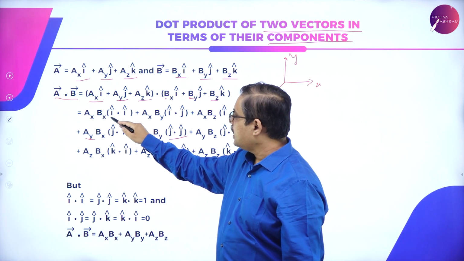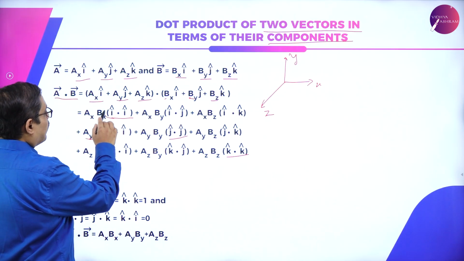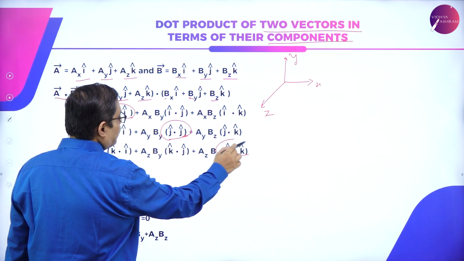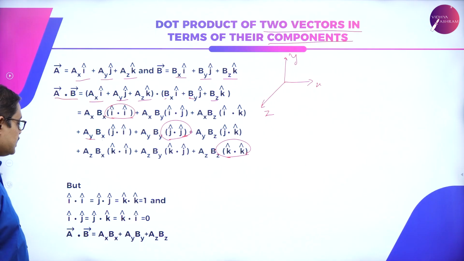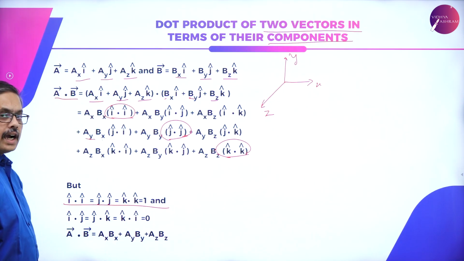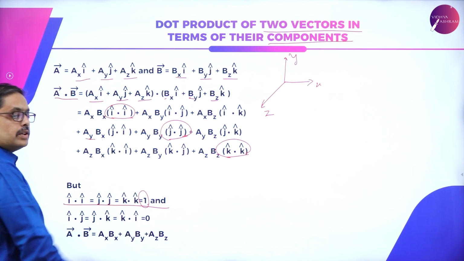Now please check here, out of the 9 terms, only 3 terms have i cap into i cap, j cap into j cap and k cap into k cap. In the previous slides we have checked that for parallel vectors, i cap into i cap, j cap into j cap, k cap into k cap, the value is 1.